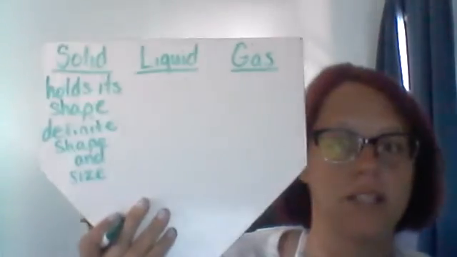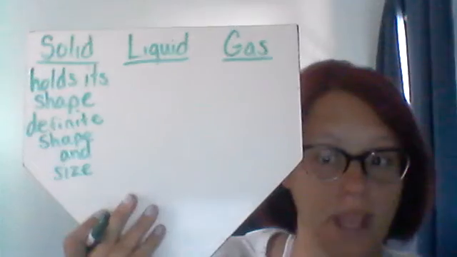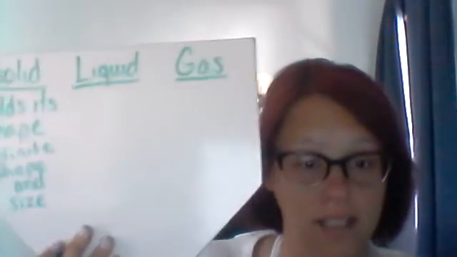And we use solids for everything. This desk my computer is on right now is a solid. These glasses I'm wearing on my face are a solid. This marker is a solid. This board is a solid. And you can see I labeled has or holds its shape, has a definite shape and size. So that's important to remember about solids, and we use solids for lots of things.